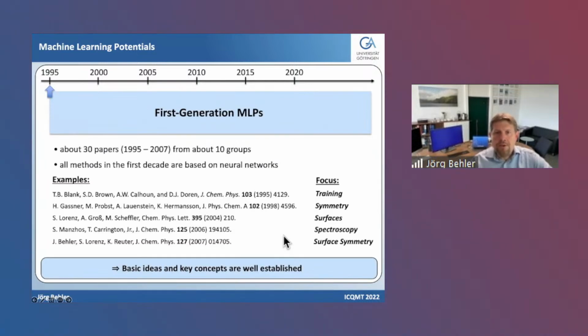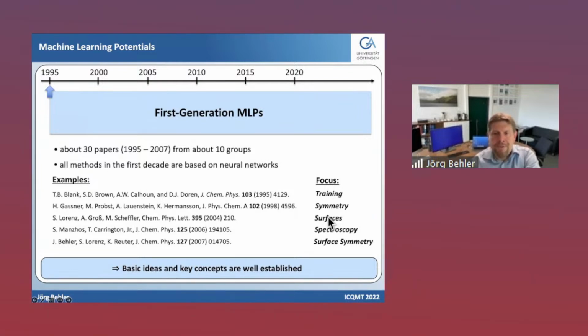So this first generation of machine learning potentials consisted of about 30 papers published by about 10 different groups. And as I said, all these works are basically based on artificial neural networks. Yeah, so a lot of mathematical advances have been made concerning the training of the neural networks and the exploitation of symmetry.